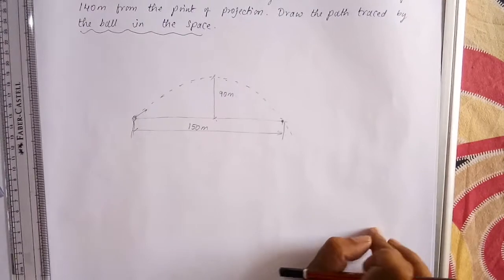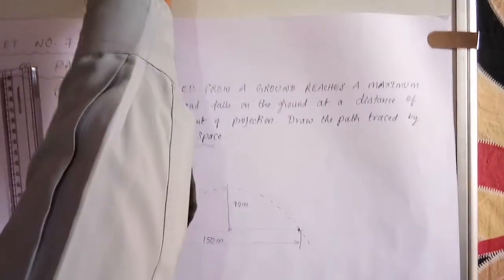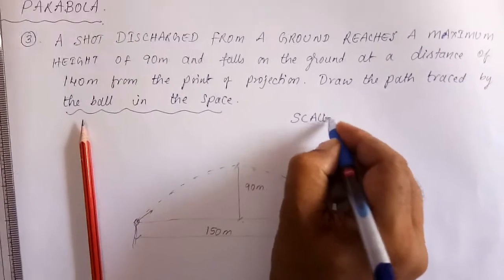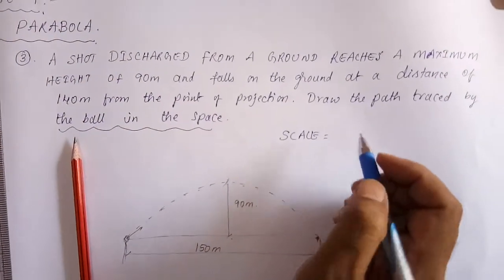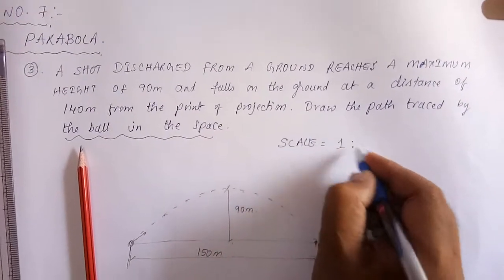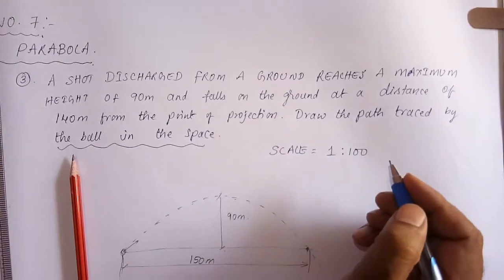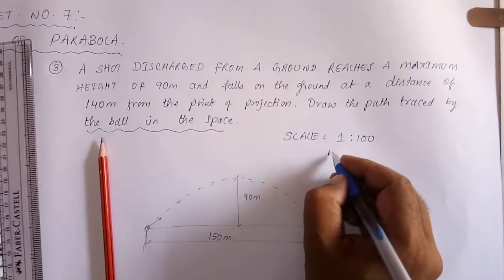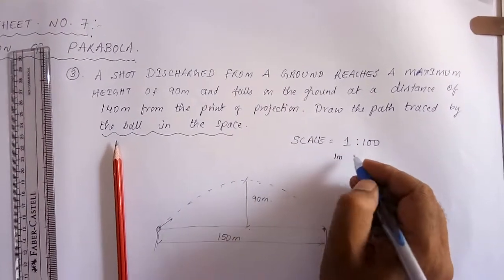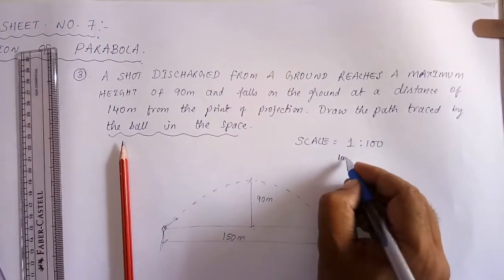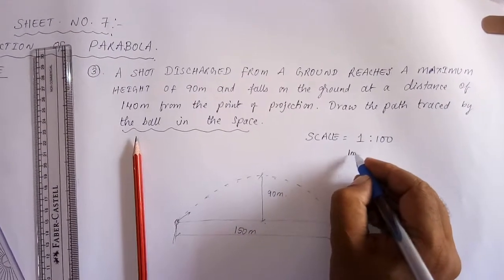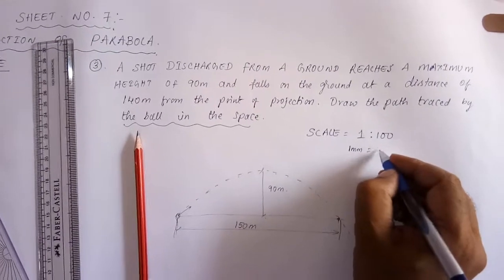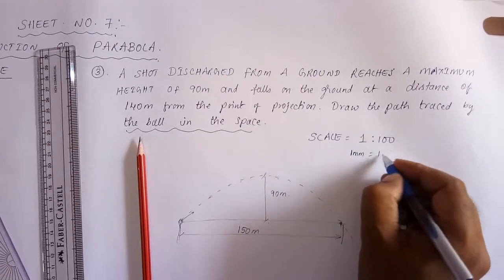So what I will be doing, I am going to take a scale of the drawing. I can take a scale of 1:1000. That means 1 meter is equal to 1 mm.